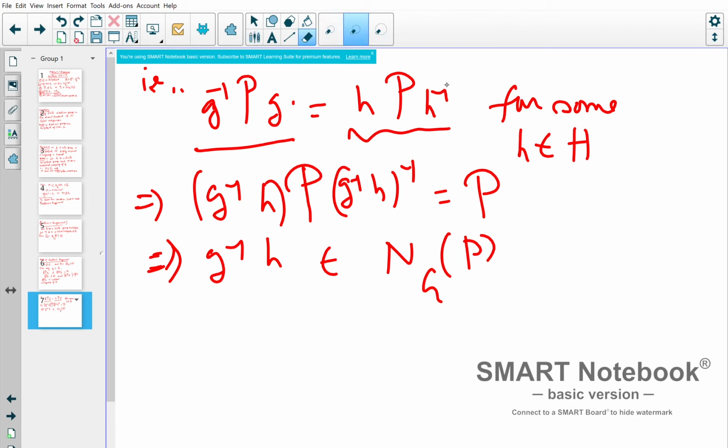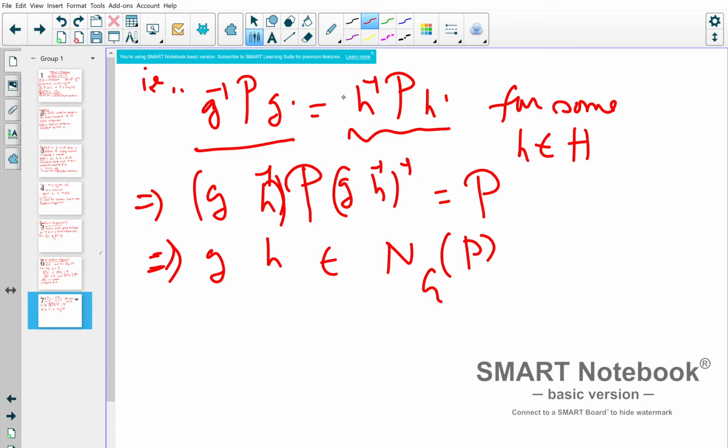Now g inverse P g will be something of the form h inverse P h, and hence multiplied by g, then g h inverse P will be g h inverse whole inverse, because g h inverse whole inverse means nothing but h g inverse.